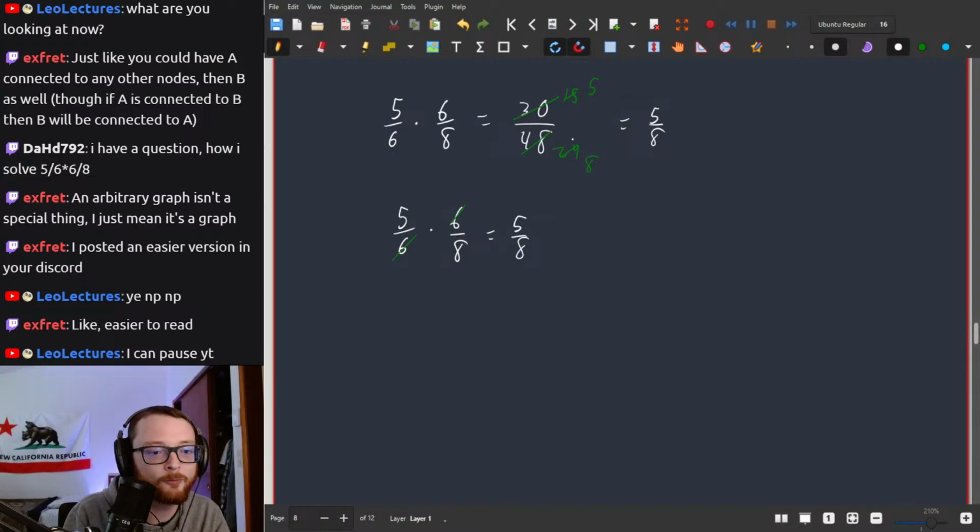It would also be valid to do a cancellation with the 6 and the 8, because 2 goes into both of them, so that's 3 and that's 4. And then you could do a cancellation with this 3 and this 6. It's not the best way of doing it, but it's possible.